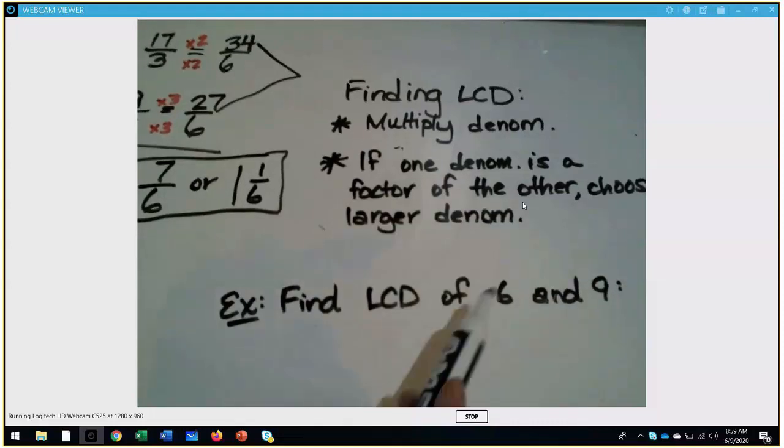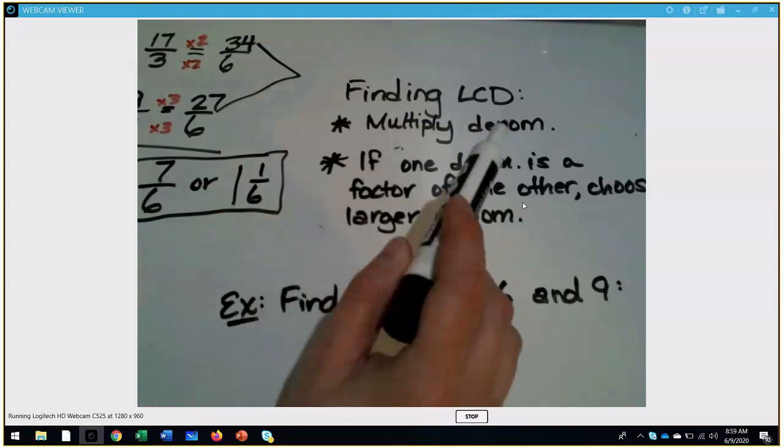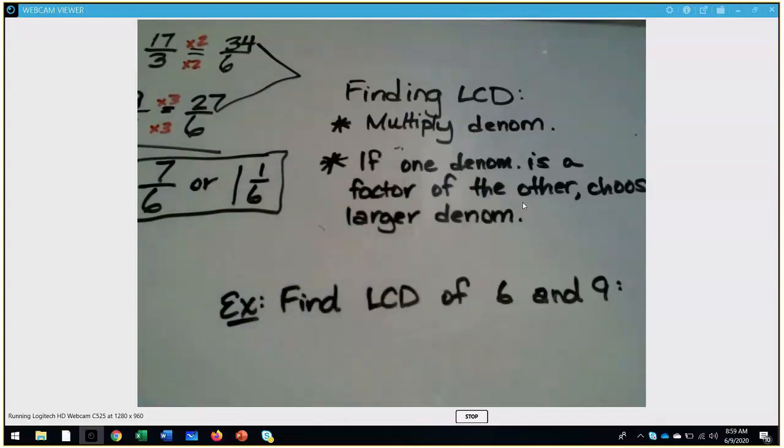As I said before, this first method, by multiplying them together, will work for everything. You won't always get the least common denominator by doing that, though. So that's the catch.